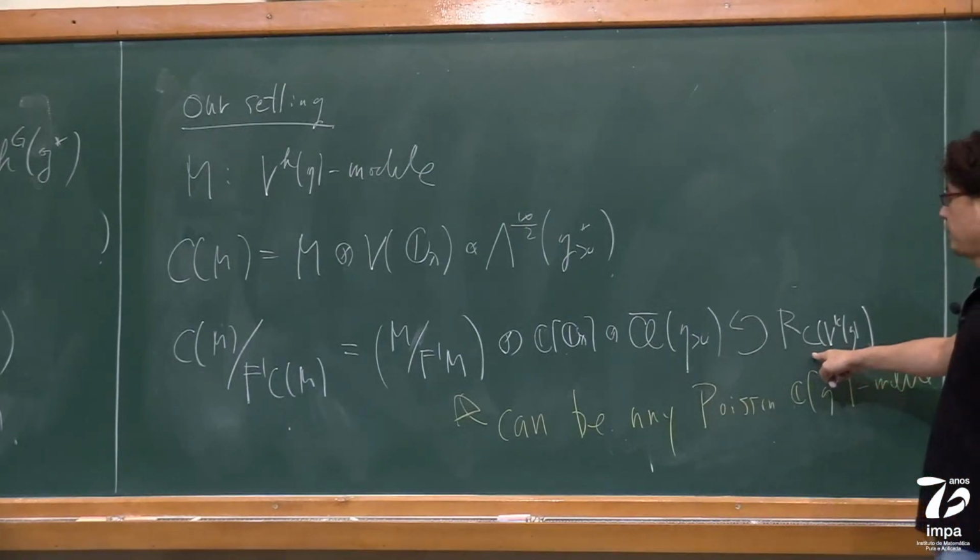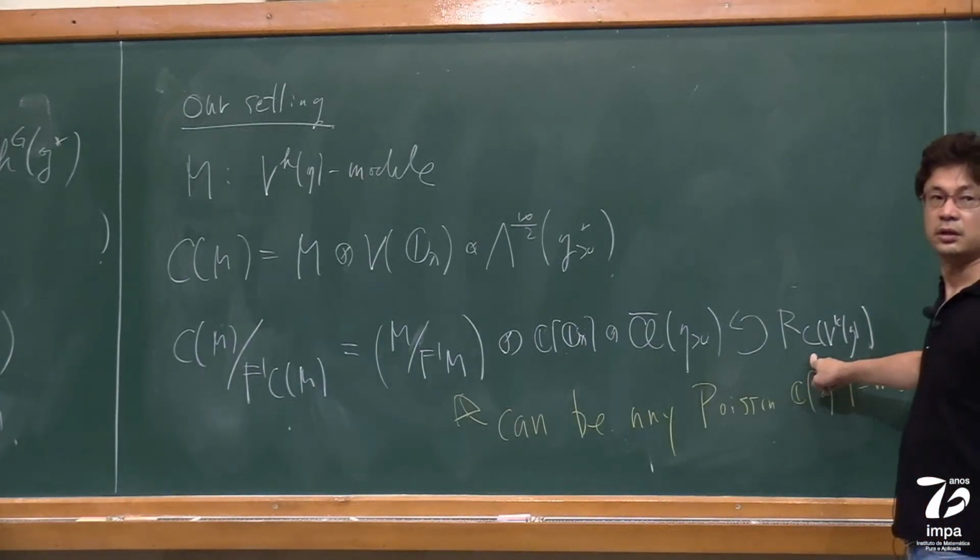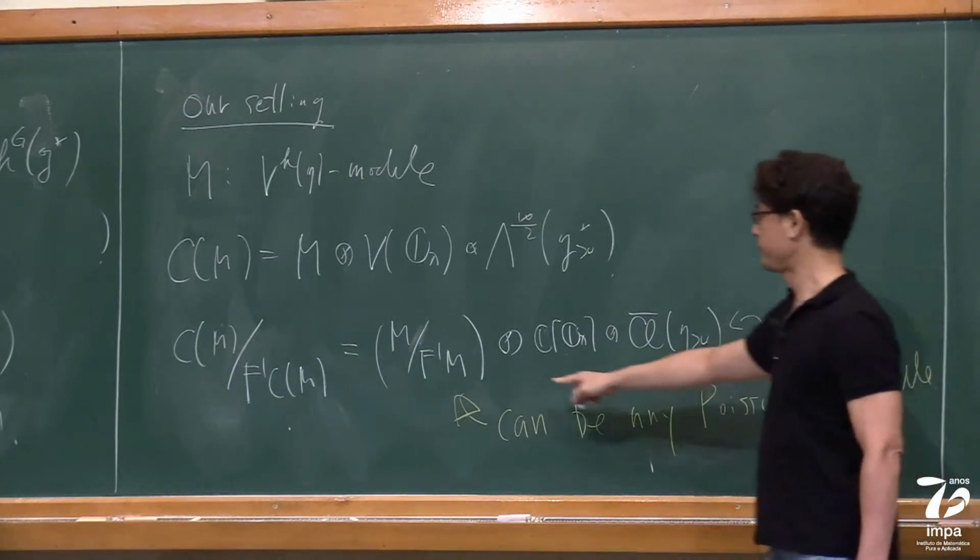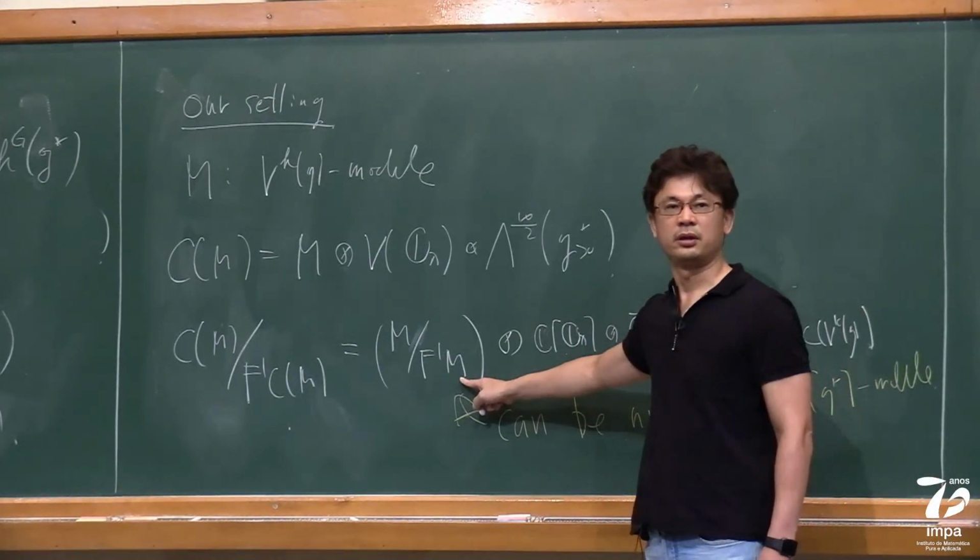So to define the action of R of CKG, you just need this to be a Poisson module of CG star.